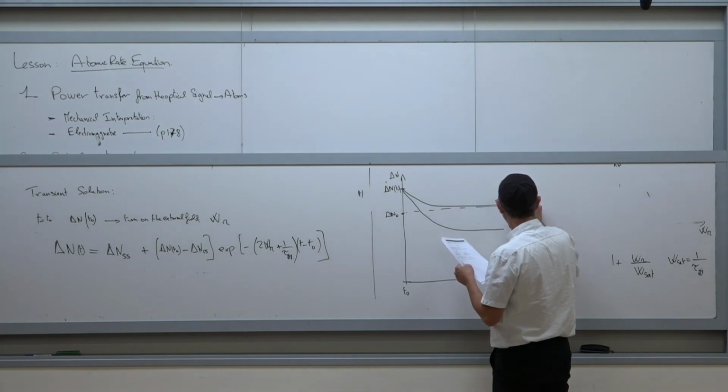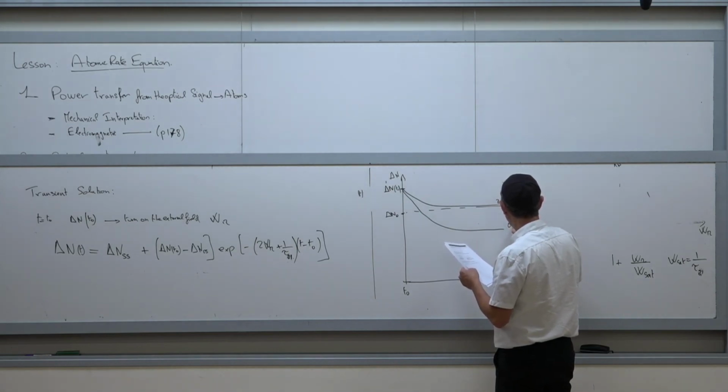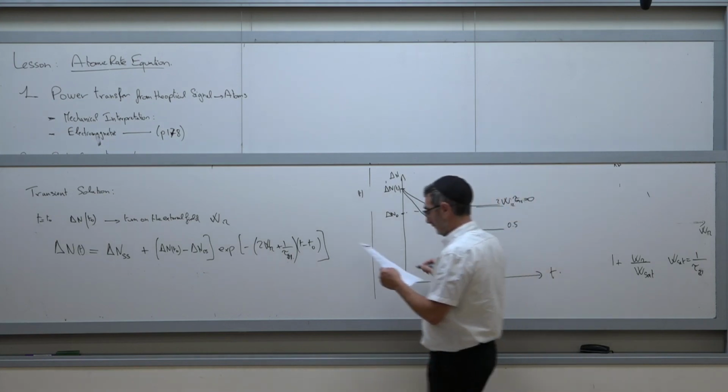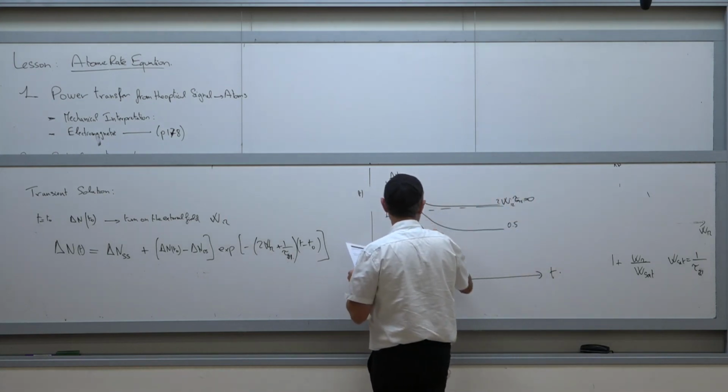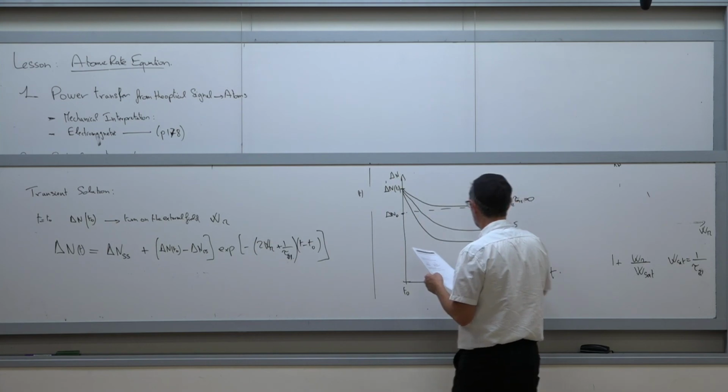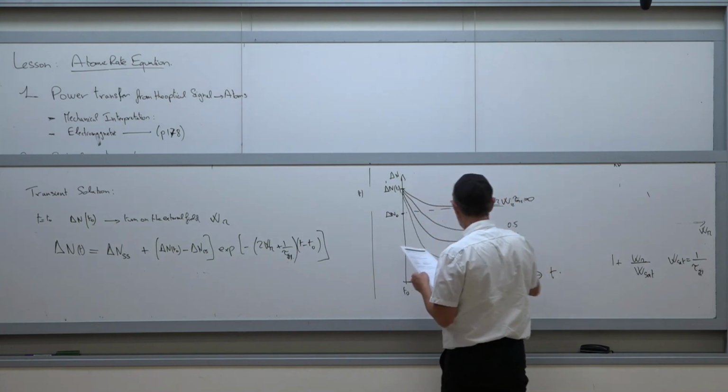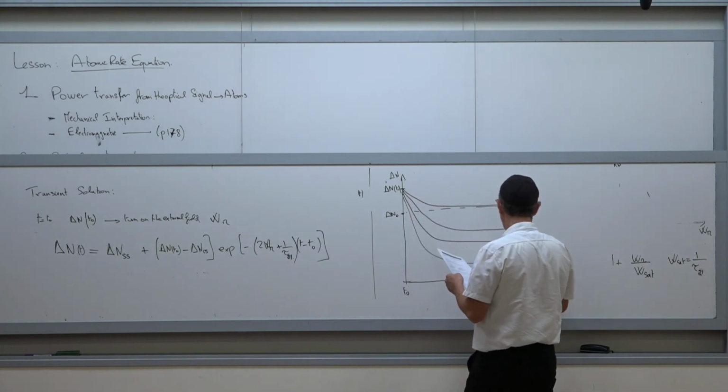It's the same value for 0, then 0.5, then it goes down for 1, 4.